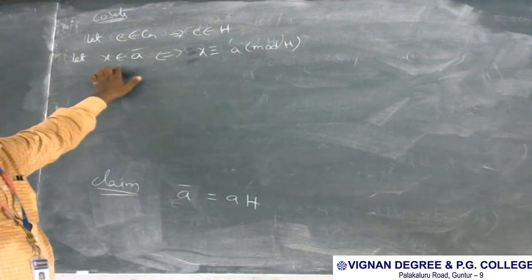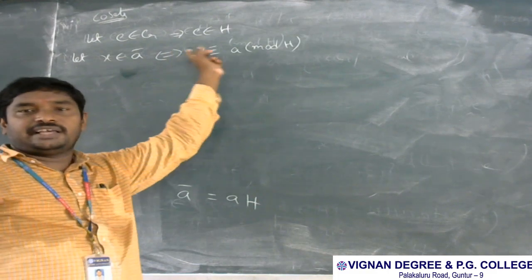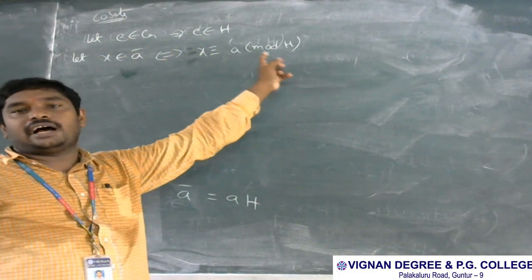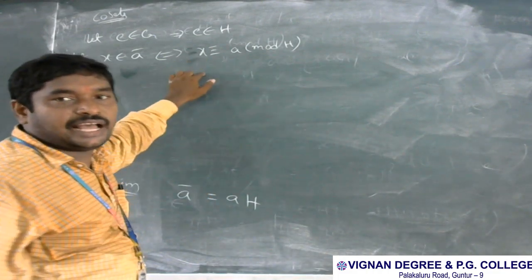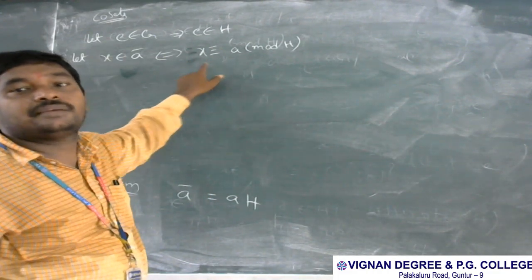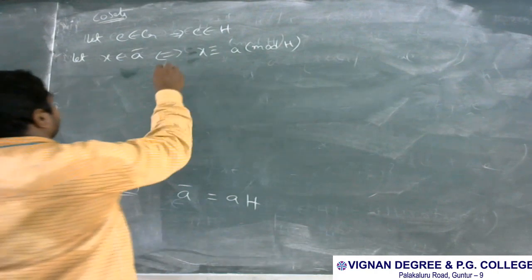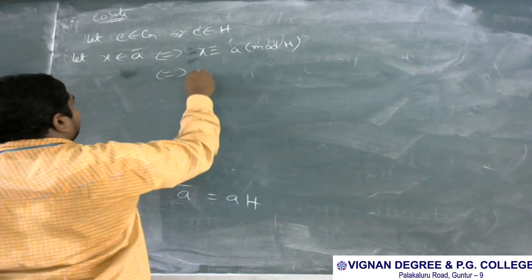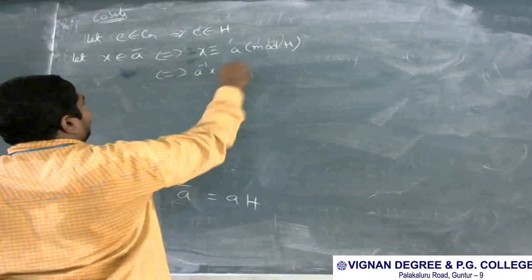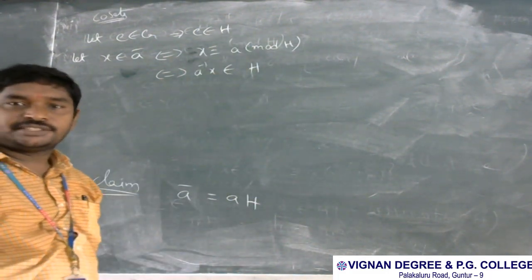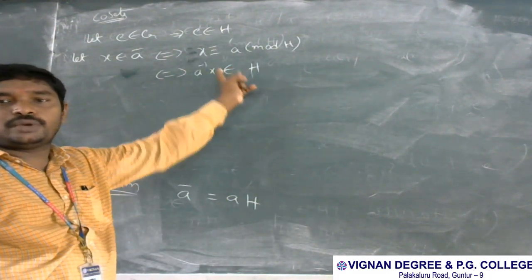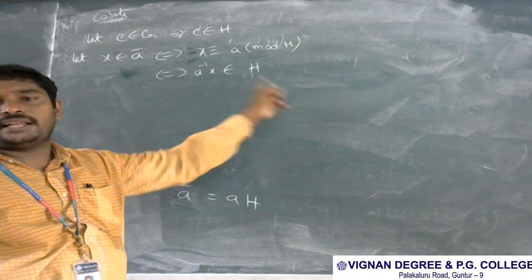So let small x belong to A bar if and only if x is equivalent to a mod H. Any doubts? Okay. Next, I am multiplying both sides by a inverse. Then a inverse x belongs to capital H.